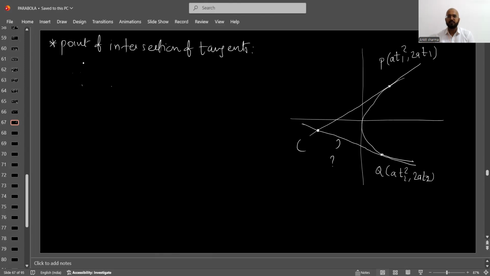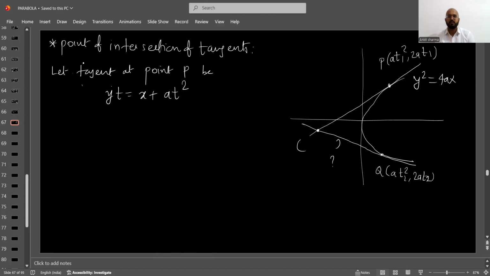So let tangent at point P be, as we have seen, yt1 is equal to x plus at1 square. This is the equation of tangent at a point P on the parabola y square is equal to 4ax.